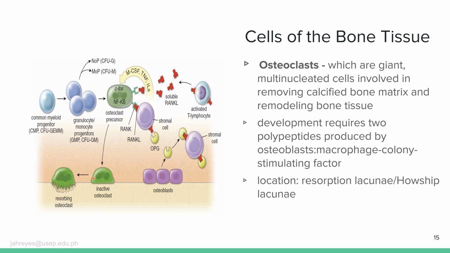Osteoclasts are derived from hemopoietic progenitor cells as mentioned earlier, and they differentiate into osteoclasts under the influence of different cytokines, just like other hemopoietic progenitor cells. So they are not related to osteoblasts in terms of progenitor cells. They are derived from the same progenitor cells as the granulocytes and the macrophages, so they belong to the same lineage.